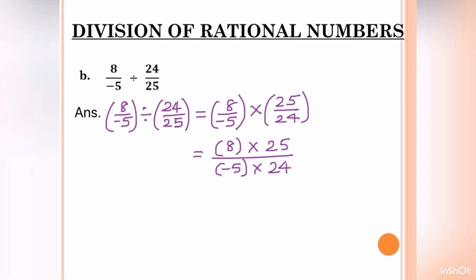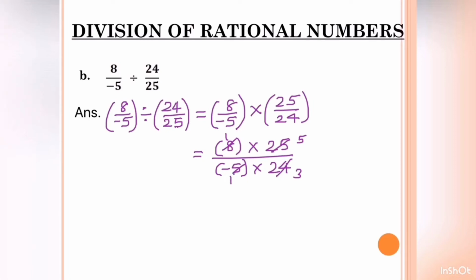Let us now cancel all the common factors. 8 and 24 have 8 as common factor. So let's cancel it. 8 times 1 is 8. 8 times 3 is 24. And 25 and 5 have 5 as common factor. So let's cancel it. 5 times 5 is 25. 5 times 1 is 5.